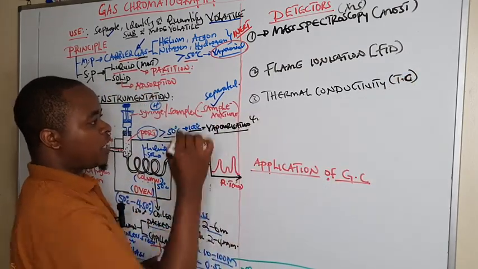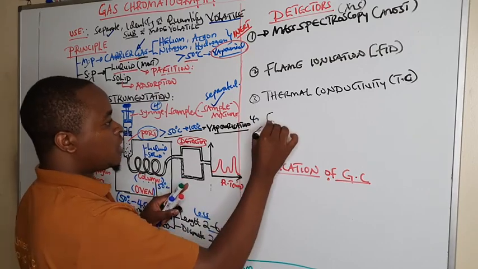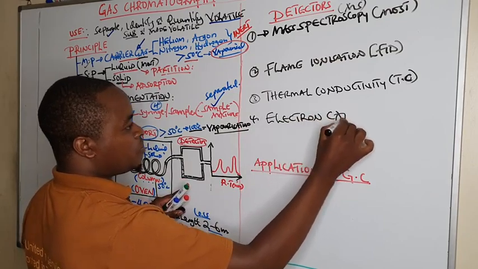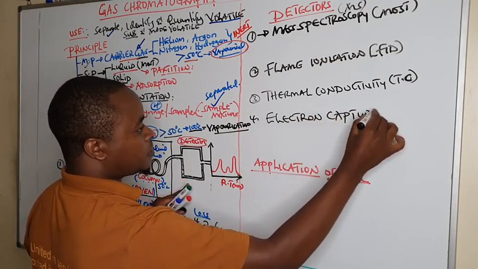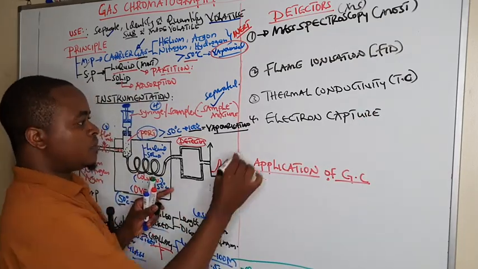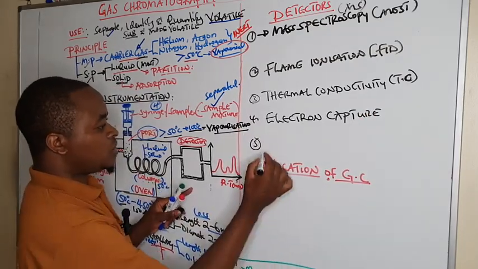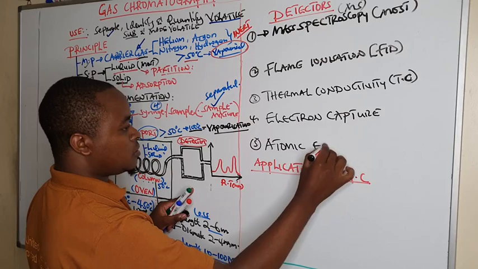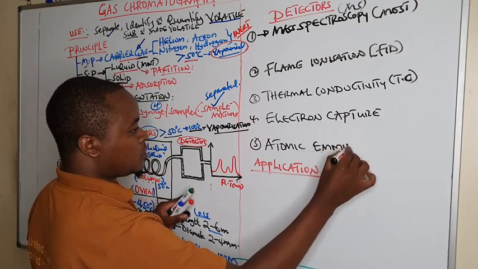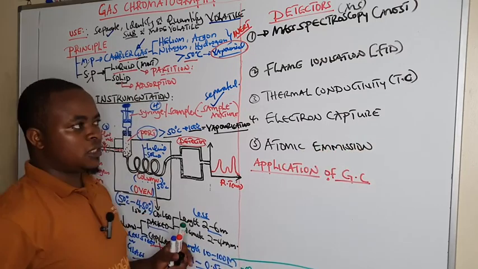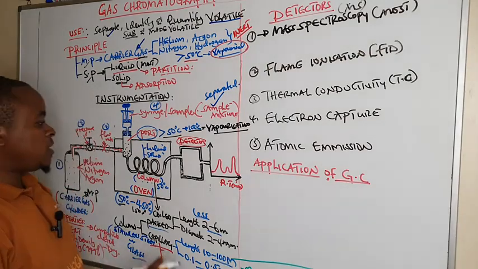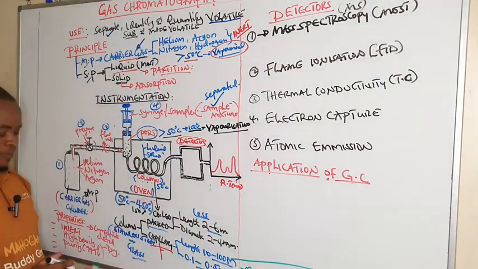Then the fourth one we can use is the electron capture detector system. The fifth one we can talk about is the atomic emission detector. So these are the 5 types of detector systems which are employed in gas chromatography.